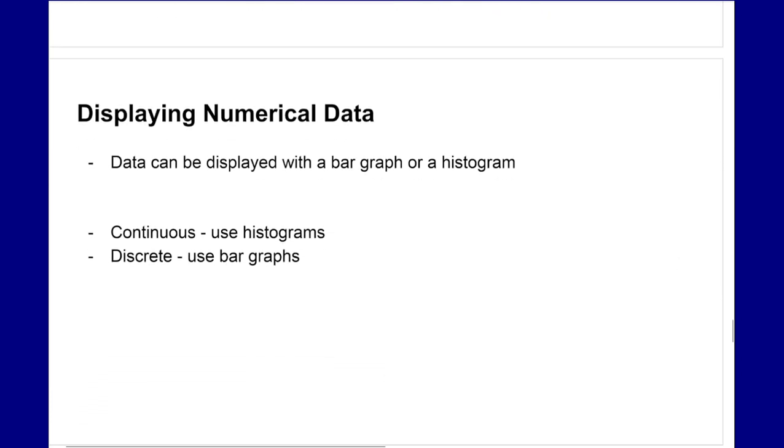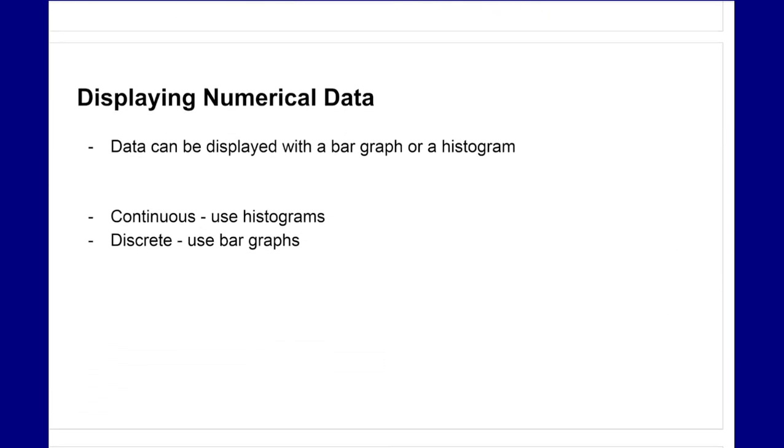When we're displaying numerical data, we can use a bar graph or a histogram. We've used bar graphs before. That's what we use in our probability distributions. We used histograms too, and we've seen bar graphs as well. Technically, we use histograms for continuous data and bar graphs for discrete data.